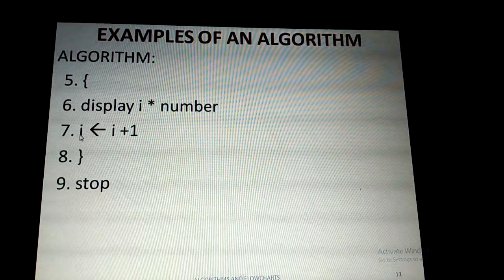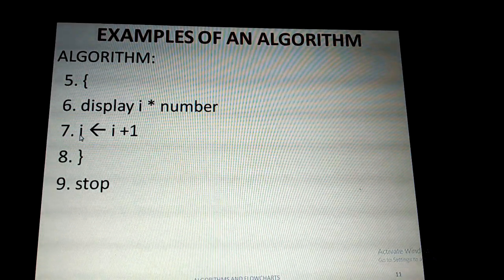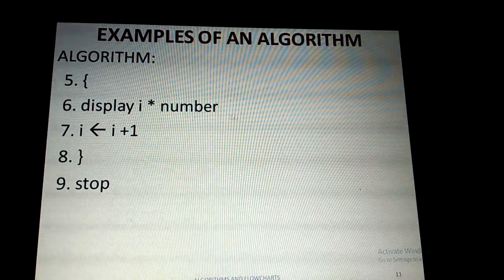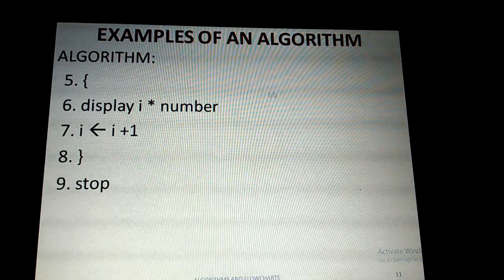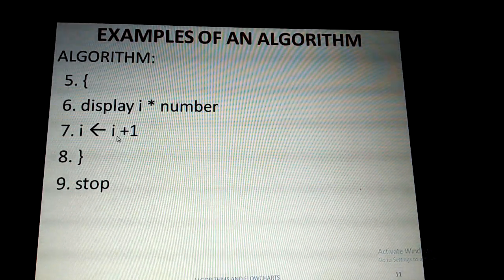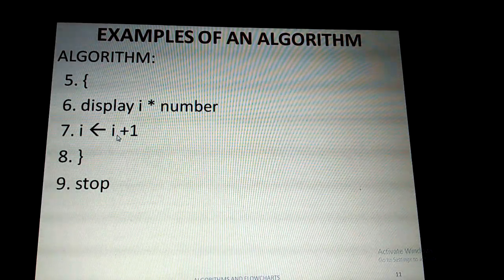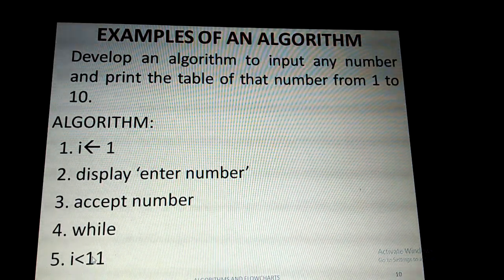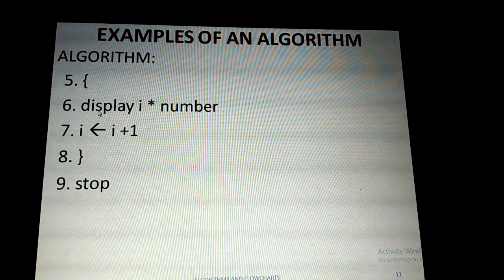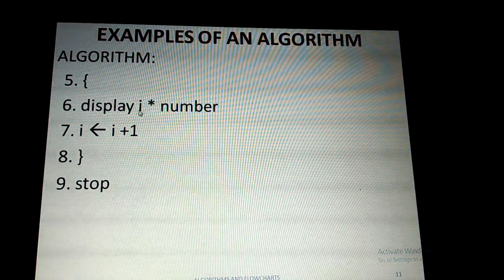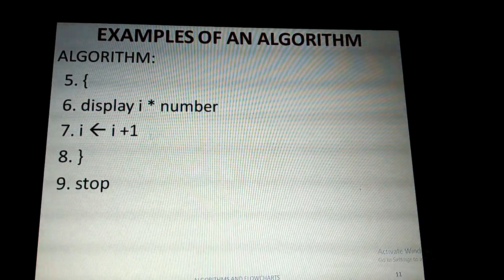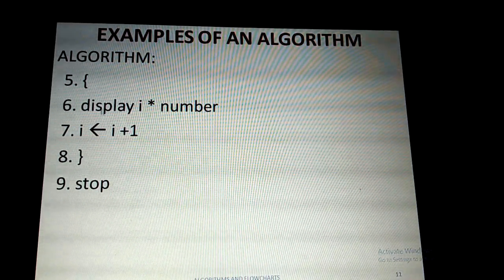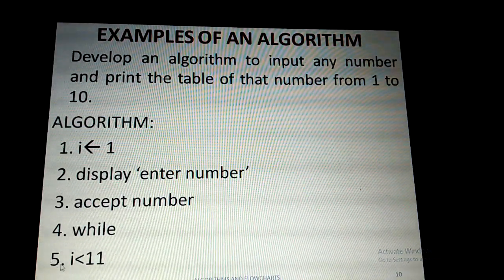So now the latest value of I becomes 2. In step 2, 2 into 5 is multiplied, which gives the answer 10. Next I gets incremented and becomes 3. This 3 is checked here: 3 is less than 11, it is true. When it is true, it goes to the loop part and displays 3 star 5 is equal to 15. Again I becomes incremented. Like that the process goes on until I becomes 11.